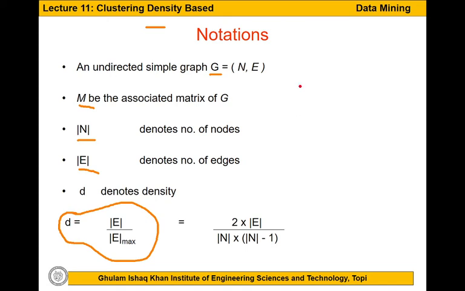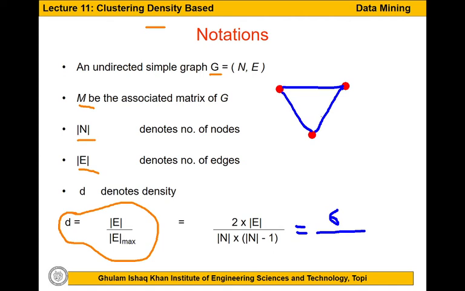Okay, let me demonstrate it to you. For example, for this graph, let us compute the density of this graph. If you see, there are 3 edges, 1, 2, 3. So in the numerator we'll have 3 into 2, yes, 6, divided by number of nodes.